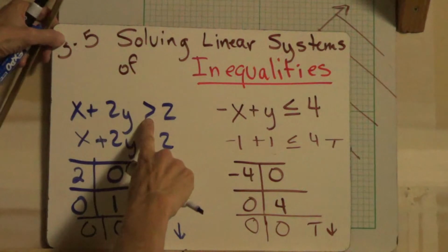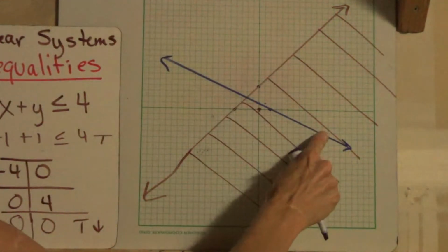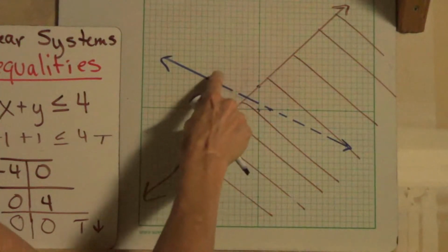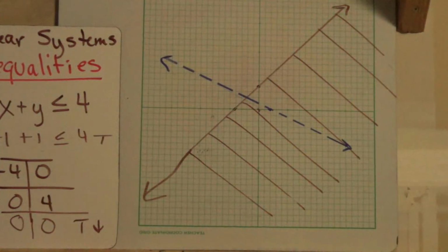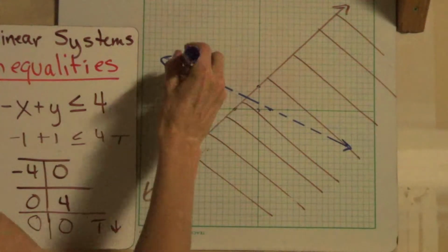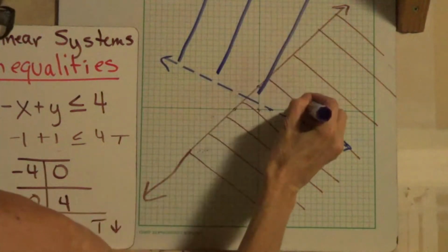That is greater than 2, not equal to, so it should be a dashed line. If you use my whiteboards, this is a nice way that you can just correct it. You just erase part of that line. So it's false down below, so I shade to the upper side.